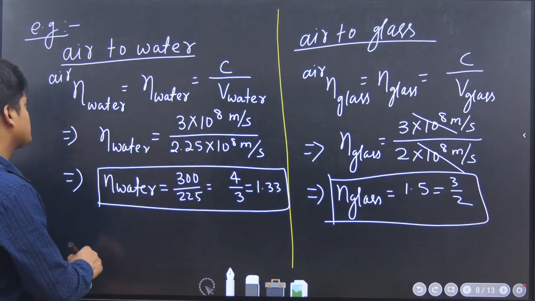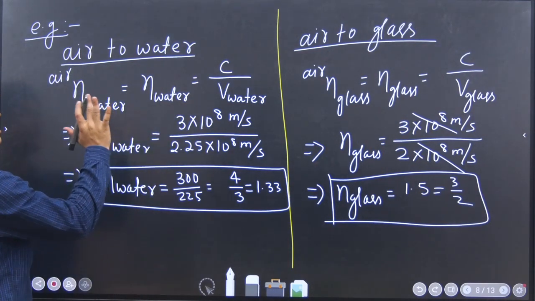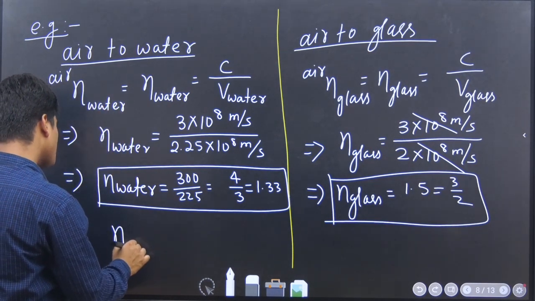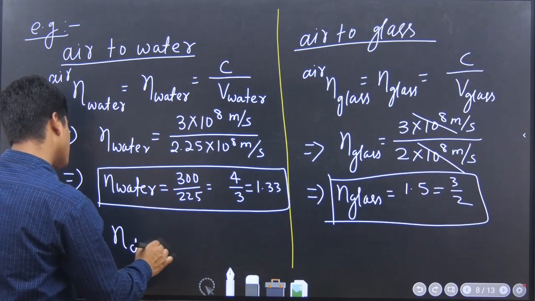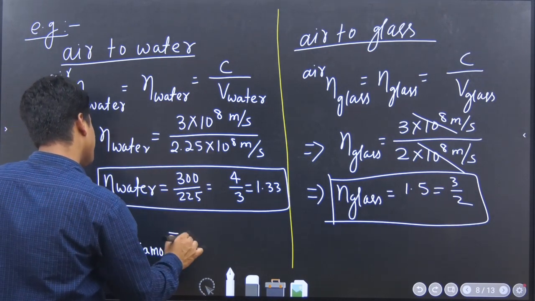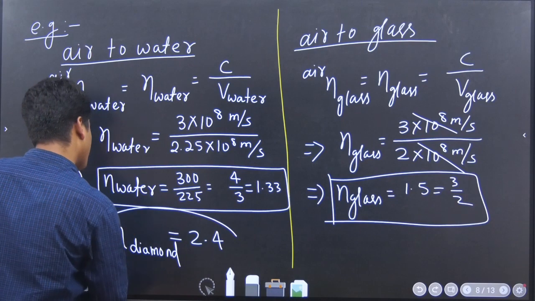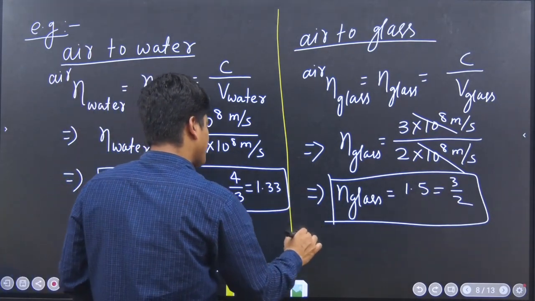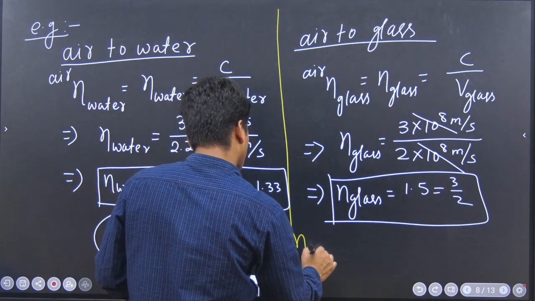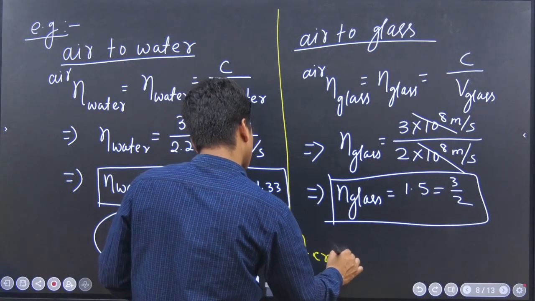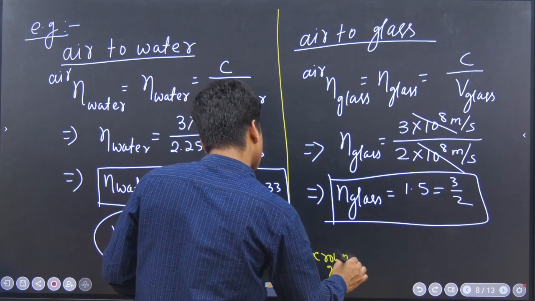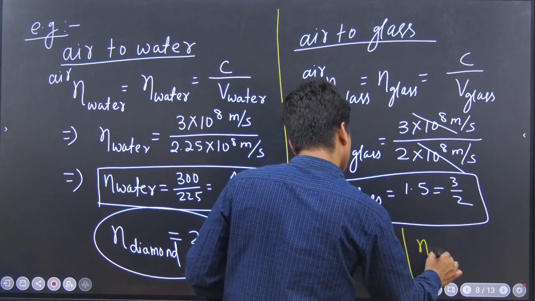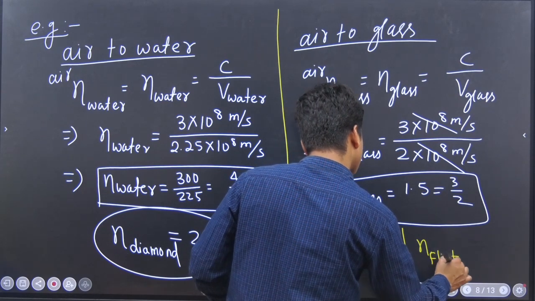Similarly, we can calculate, and directly I am writing everything for absolute refractive index. So the absolute refractive index of diamond is basically 2.4, remember, for a diamond. And I am also writing the absolute refractive index for crown glass and for flint glass.